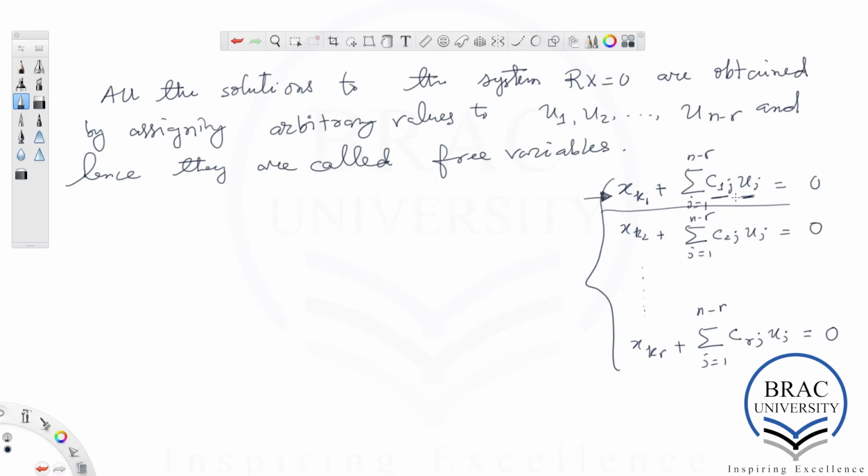Okay. And now you are free to choose the free variables. You can assign arbitrary values to the free variables and find the value of the leading variable in terms of those assigned values. Okay, that's what I'm saying. The solutions are obtained by assigning arbitrary values to these variables. That is why they are called free variables.